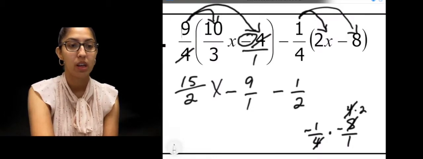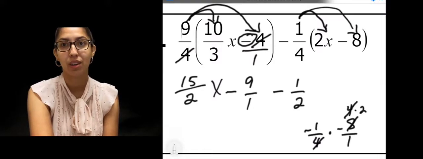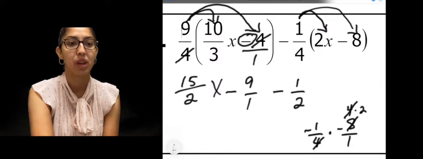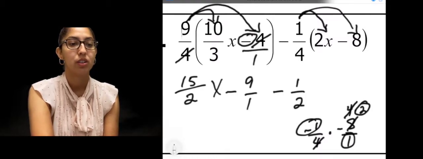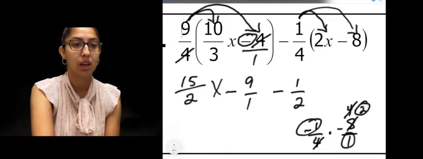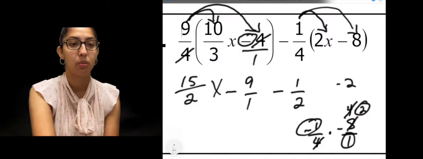This 1 and 1 it's not gonna make a difference. There's always gonna be an invisible 1, which might not make sense right now, but that's okay. So here I'm left with -1 times 2 over 1. So -1 times 2 is gonna be -2. And then that 1 on bottom, you can just write it like that.